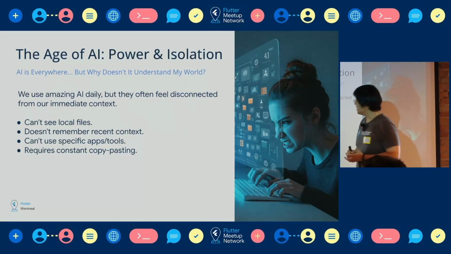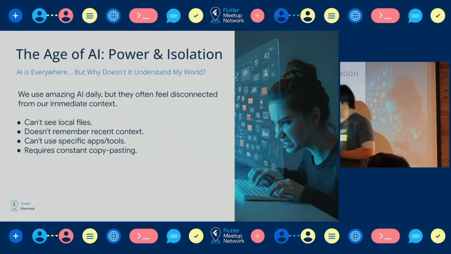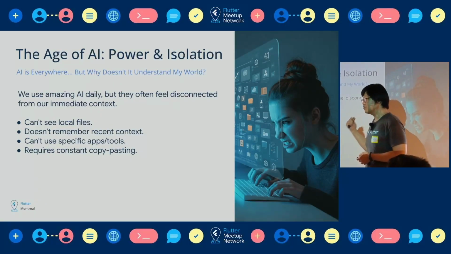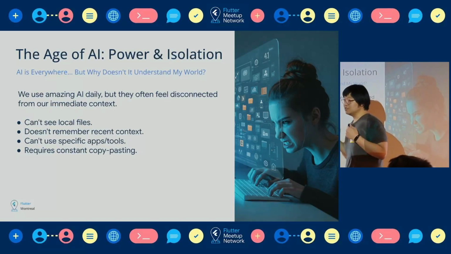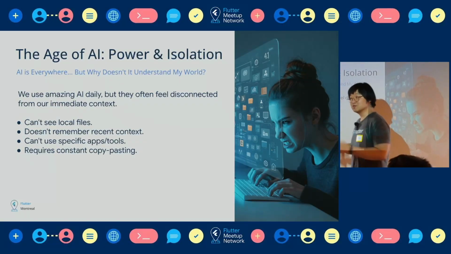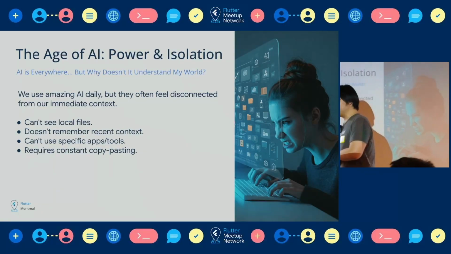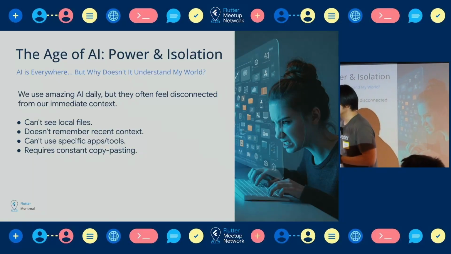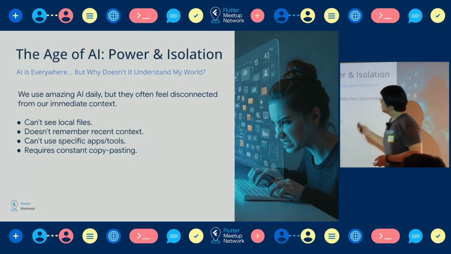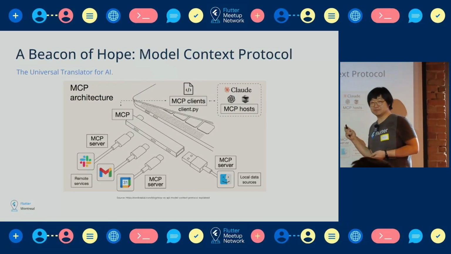Or you are using a specific library, but AI doesn't know how to use that library because AI doesn't have memory. You always need to provide all the context to the AI, whatever it is, right? So you ask, it will answer, but it cannot do anything else than just answering the question. So that's why I'm going to talk about MCP today.